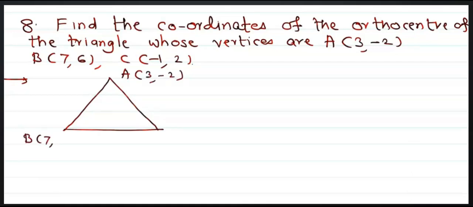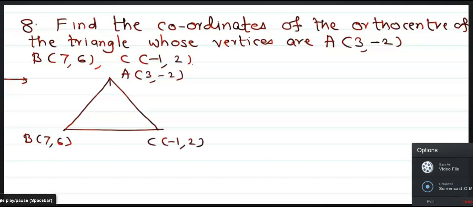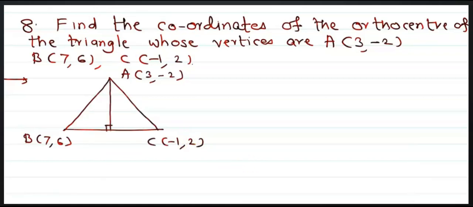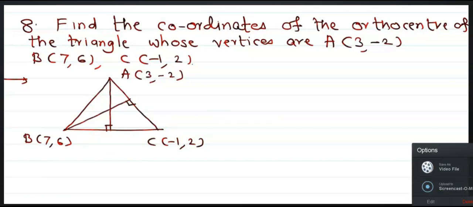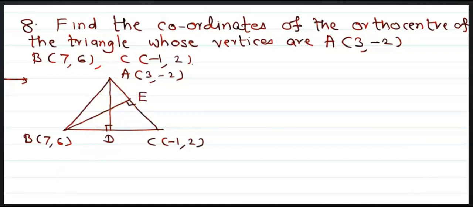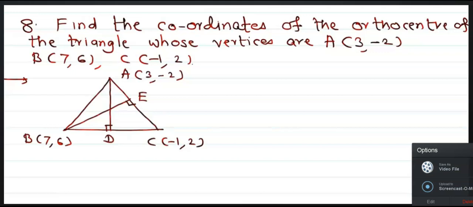The points are A (3, -2), B (7, 6), C (-1, 2). Now the orthocenter is the point of intersection of the altitudes of the triangle. Therefore, we are taking the two altitudes here. AD is perpendicular to BC, BE is perpendicular to AC.